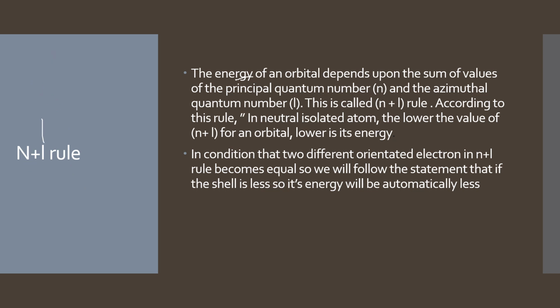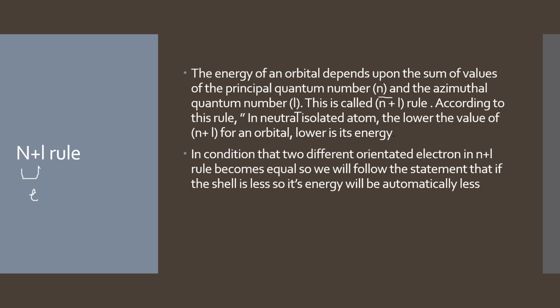The energy of an orbital depends upon the sum of the values of the principal quantum number n and the azimuthal quantum number l, as I told you. When we sum up both, we get the energy of the shells. This is called the n plus l rule.